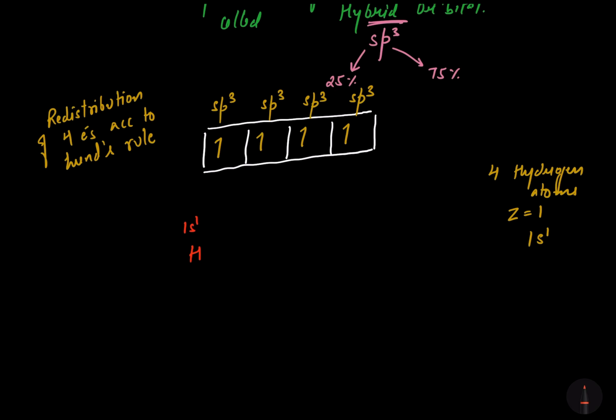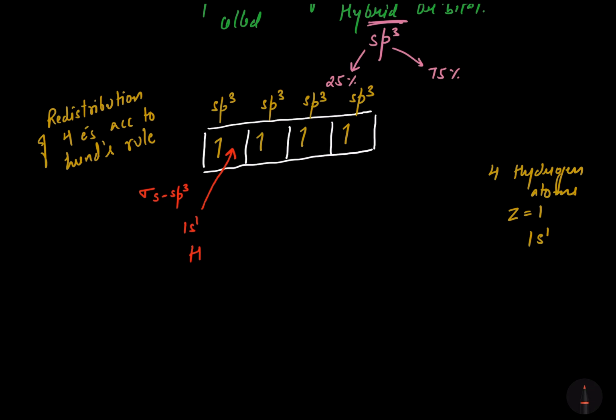So the s orbital of hydrogen will now overlap with the sp3 orbital of carbon. Here we got a sigma bond, and that sigma bond will be between the s orbital of hydrogen and the sp3 atomic orbital of carbon. So the type of sigma bond will be sigma s-sp3, because the s orbital of hydrogen has overlapped with the sp3 hybrid orbital of carbon.